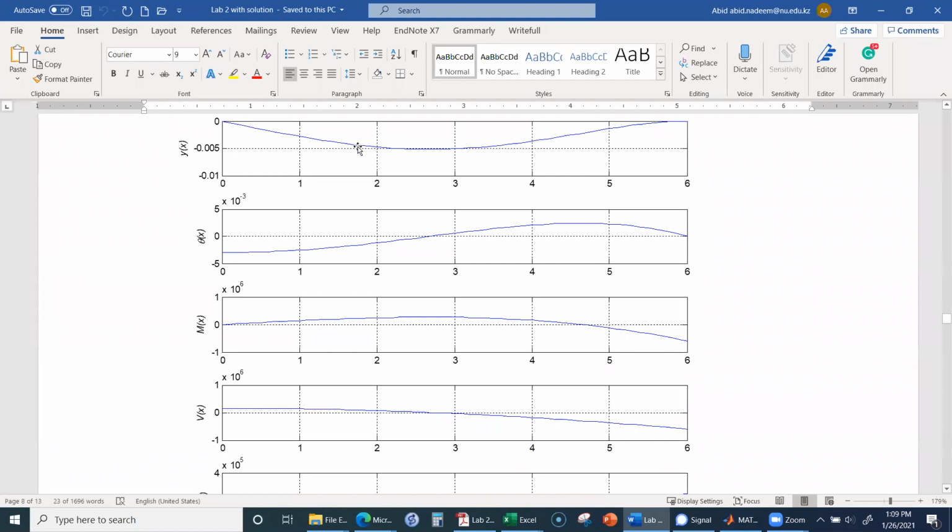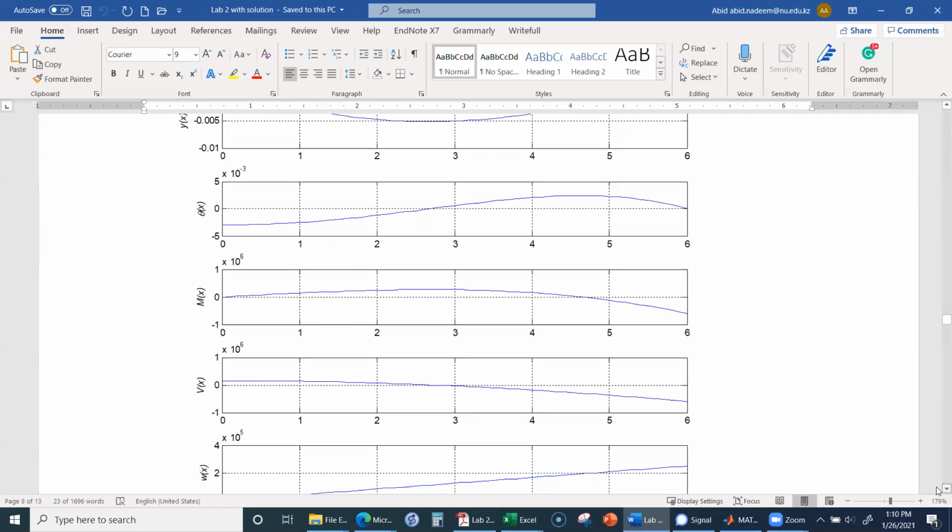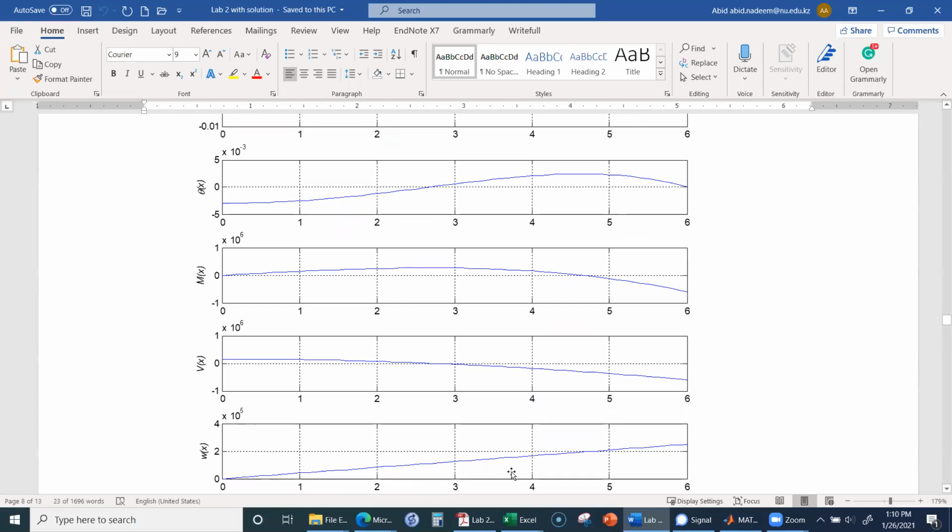So the plots you will get are like this. The first plot will be the shape of the deflection curve. The second plot will be the slope. The third plot will be the bending moment. The fourth plot is for the shear force, and the last plot will be for the force itself.